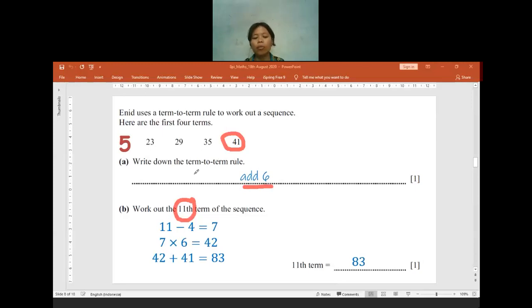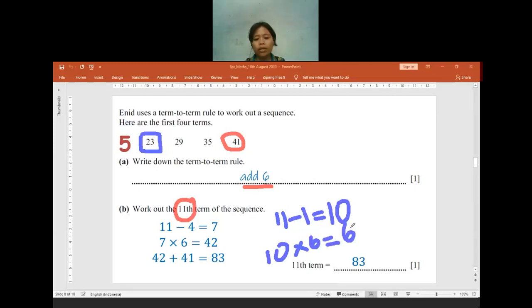And some of you will find the difference from the first term. So maybe you do 11 minus 1, which equals 10. Then you multiply 10 by 6, which equals 60. Then you add 23. The answer is also the same, 83. Sorry, it's 60 not 63.